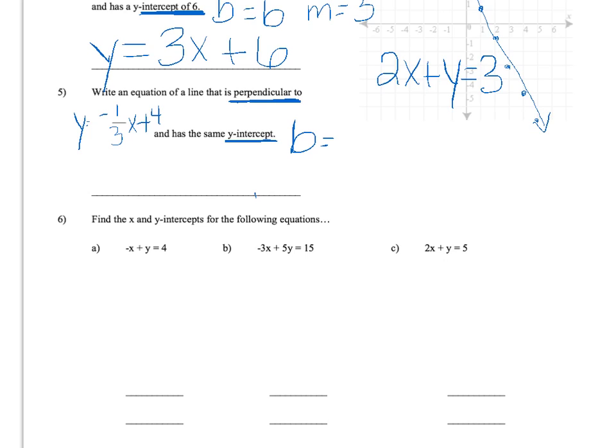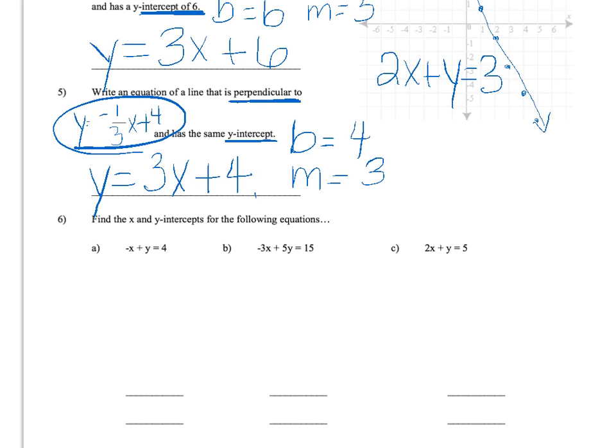So b is going to equal 4. The slope is the negative reciprocal, so it's going to be 3 over 1, or just 3, and that's a positive. And so if we write a new equation, we have y equals m, which is 3, x plus b, which is 4. And so these two lines are perpendicular to each other.